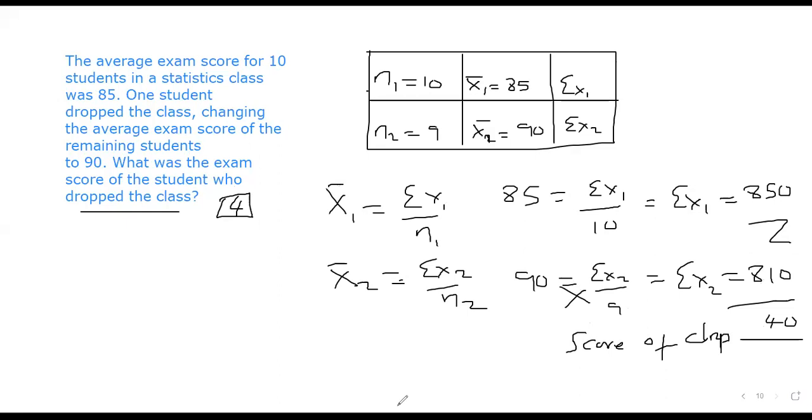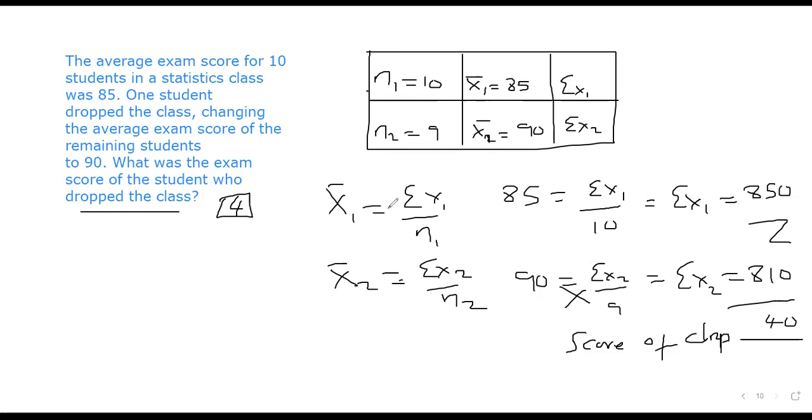So the X bar there is a mean. For there to be 9 here, the mean is the average.